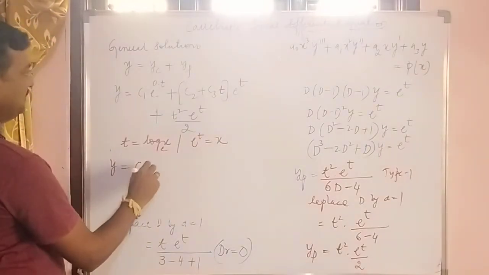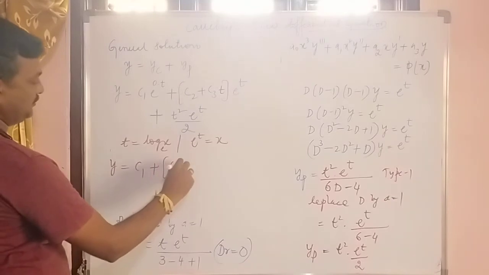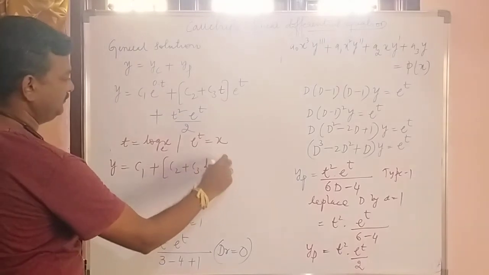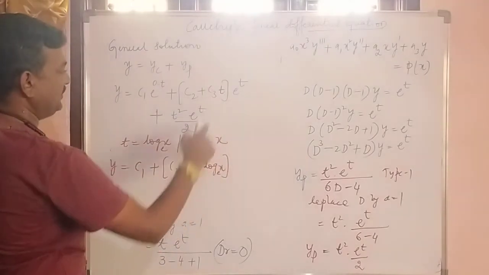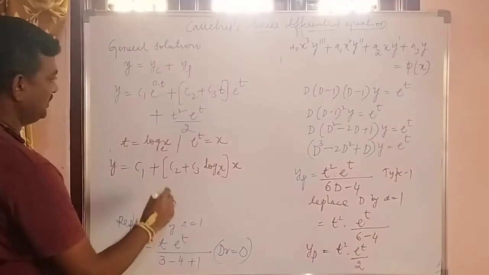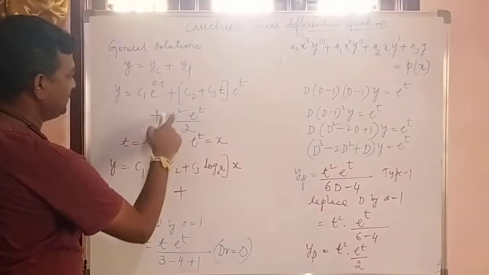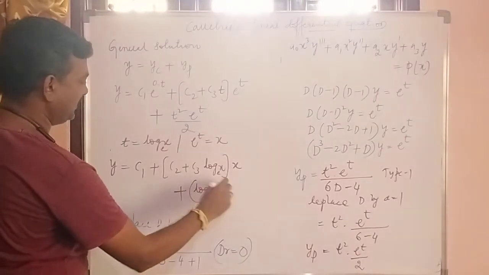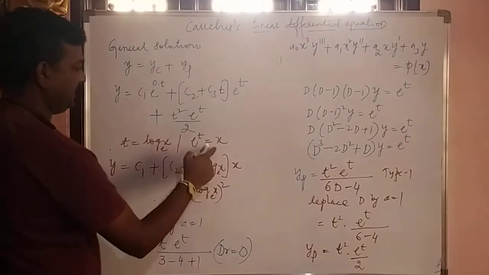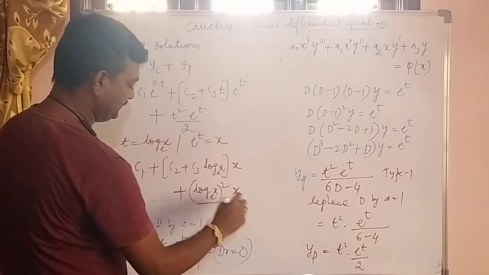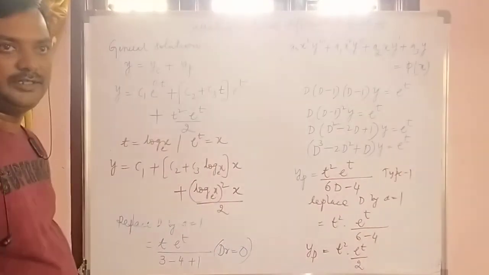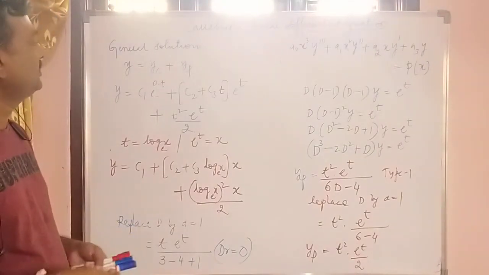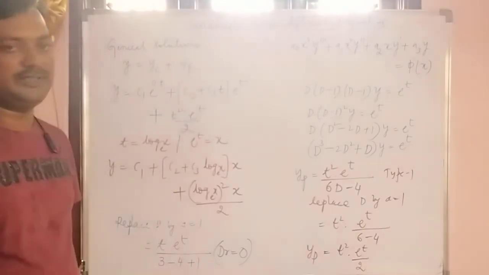So y is equal to c1 plus c2 plus c3 log x to the base e into x, plus log x to the base e whole square into x divided by 2 is the general solution, student. Thank you so much. In the next video we will come with a new example on Cauchy's linear differential equation. Thank you.